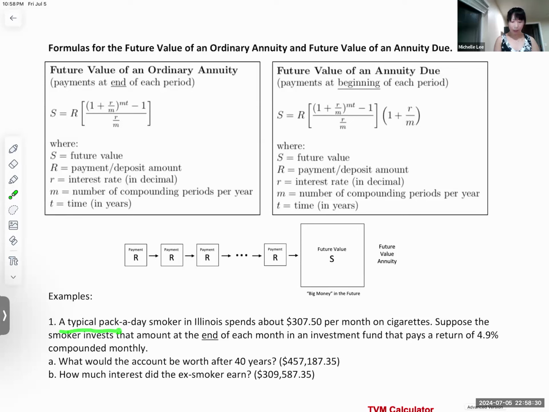A typical pack-a-day smoker in Illinois spends about $307.50 per month on cigarettes.